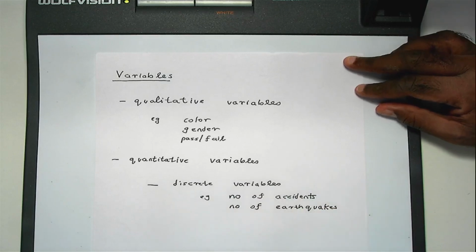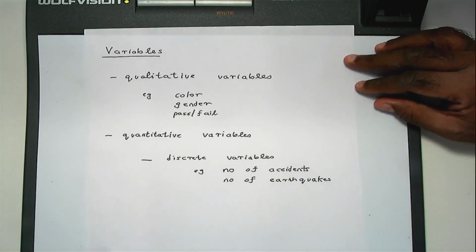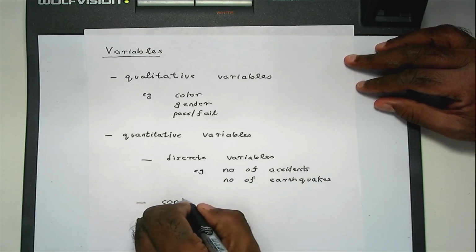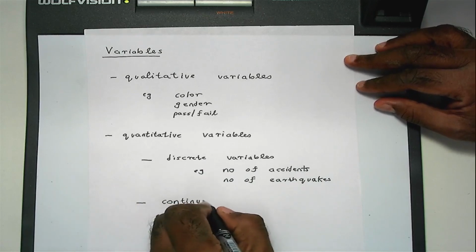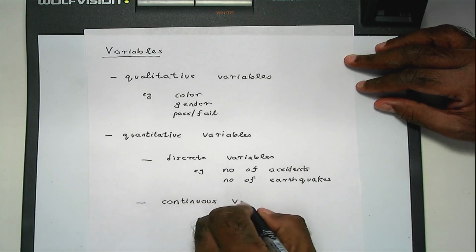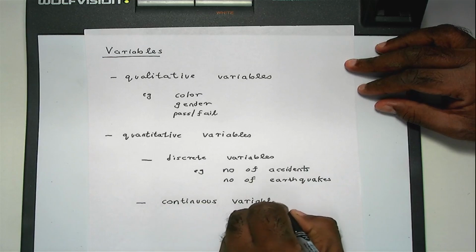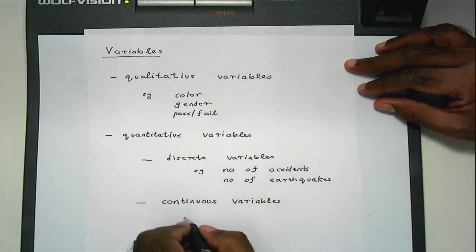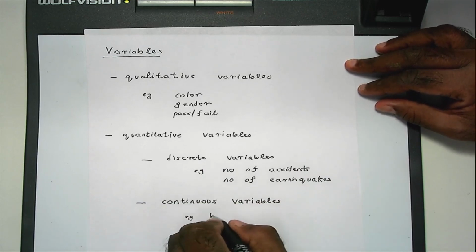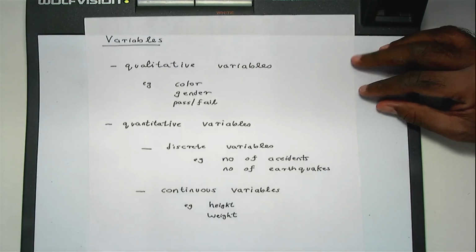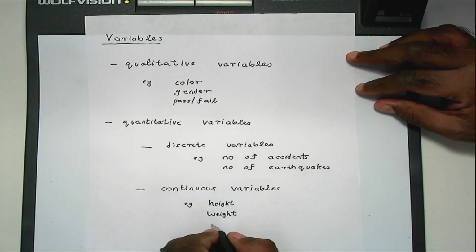Or you can also have continuous variables. So examples could be height, or weight, or speed, and so on.